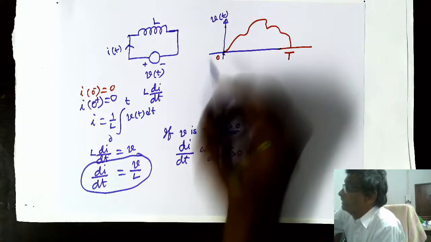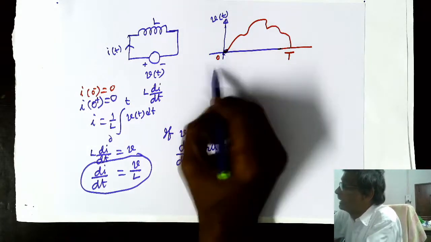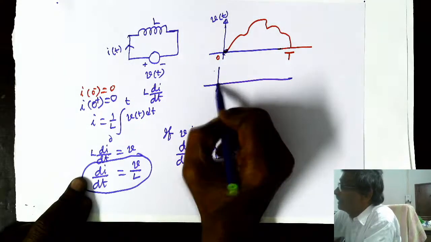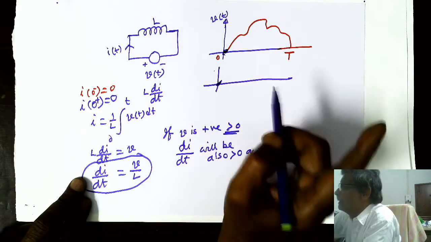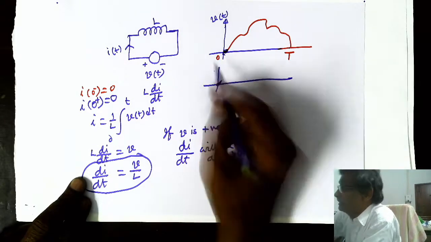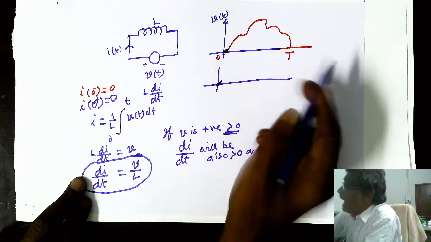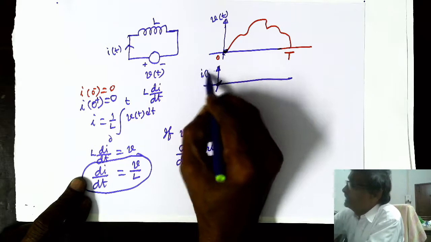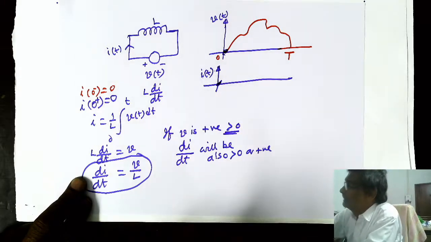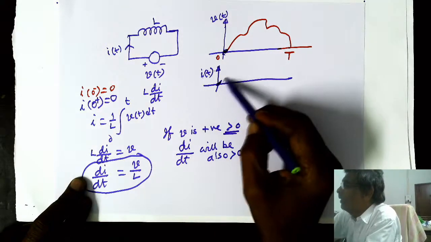Even if I do not know this equation, current was here at t equal to 0. And I know that di/dt is positive, meaning the current will go on rising.